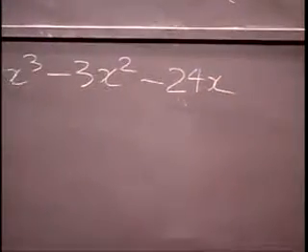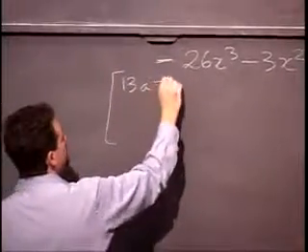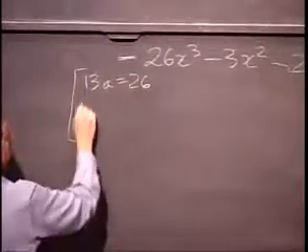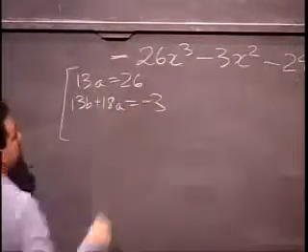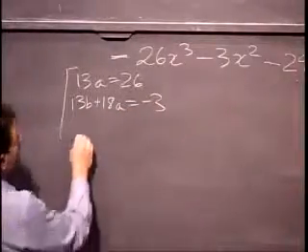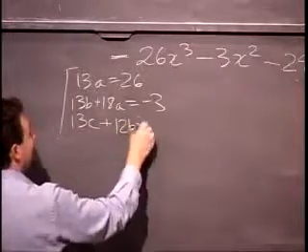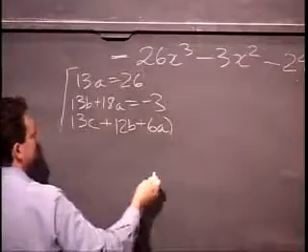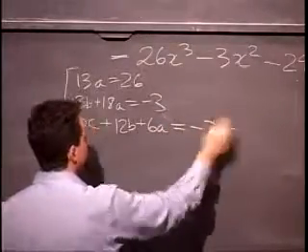So if we equate coefficients, we will have 13a equals 26. We will have 13b plus 18a equals negative 3. We will have 13c plus 12b plus 6a equal to negative 24.